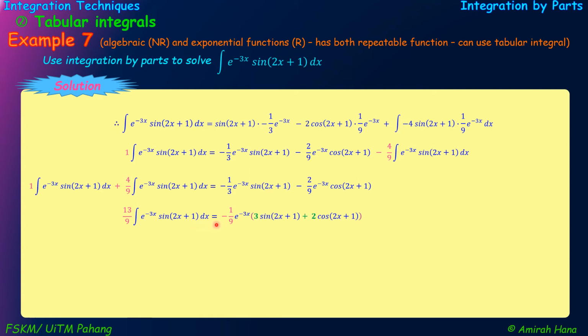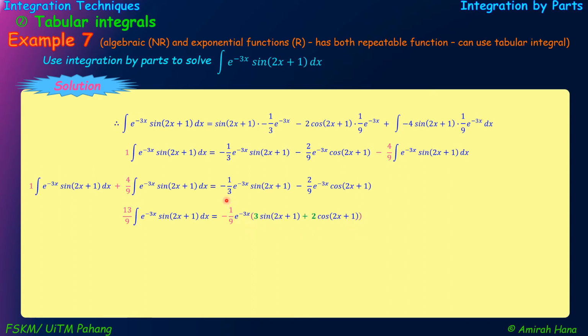And then equals to the constant negative 1 over 3 and the constant negative 2 over 9. We can factorize. Okay, we can factorize negative 1 over 9, and then we have e to the power of negative 3x, and e to the power of negative 3x here, we can factorize here. So we get negative 1 over 9 e to the power of negative 3x, and then a bracket.